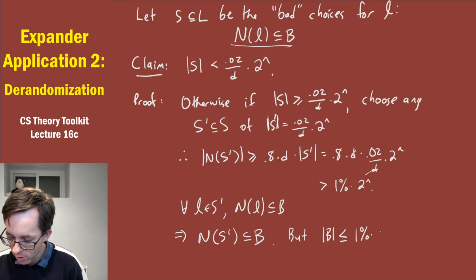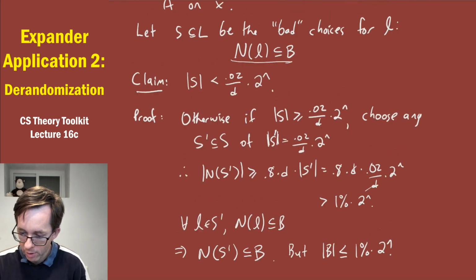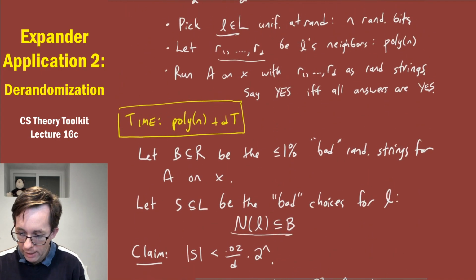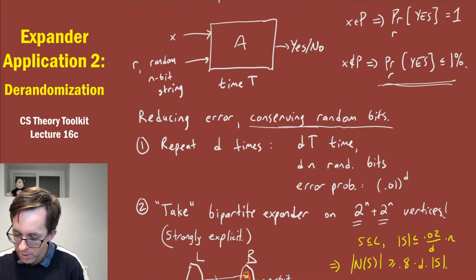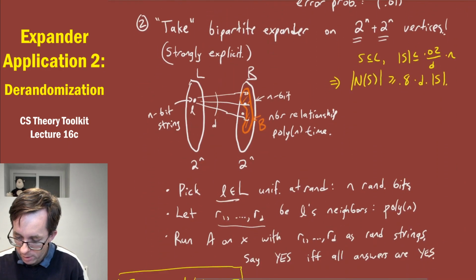Because what is B? It's just the set of bad strings for A. And by assumption, the set of bad strings for A is at most 1% of all strings.